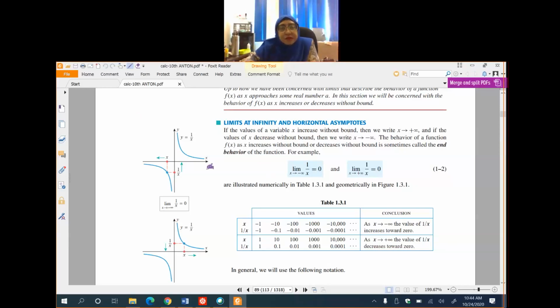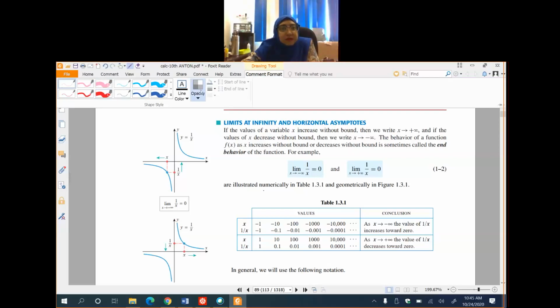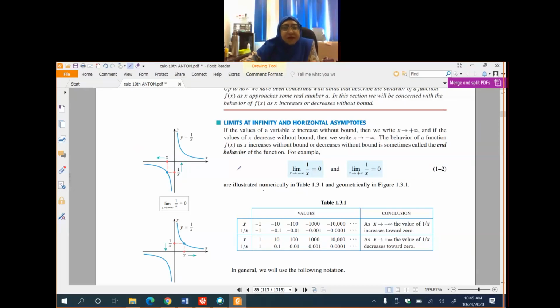If you look at here, this is the horizontal asymptote, and this line here, this y axis, is the vertical asymptote.